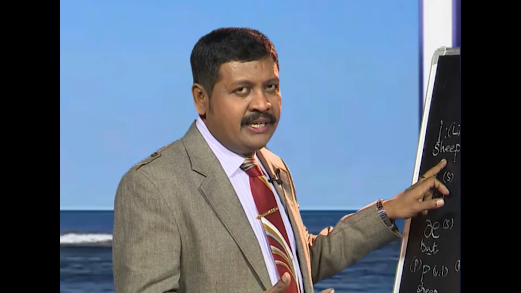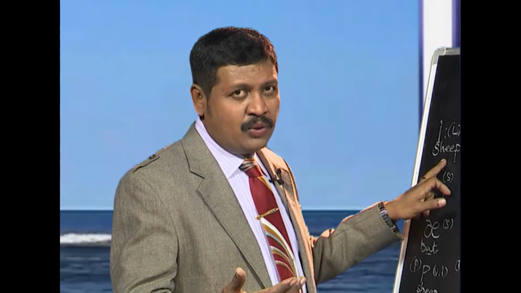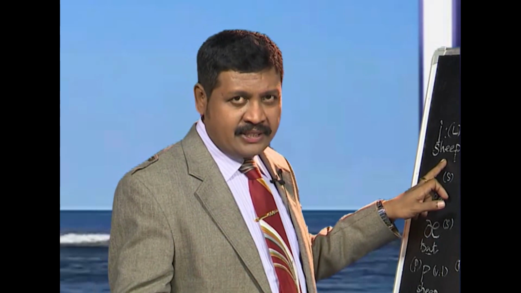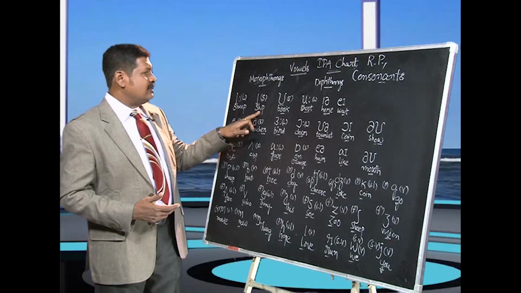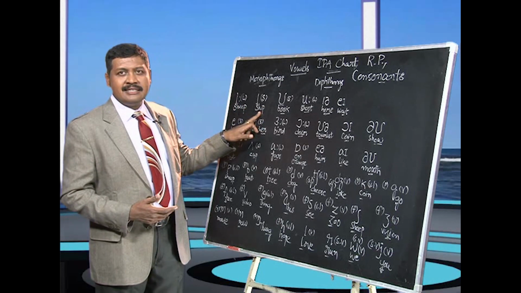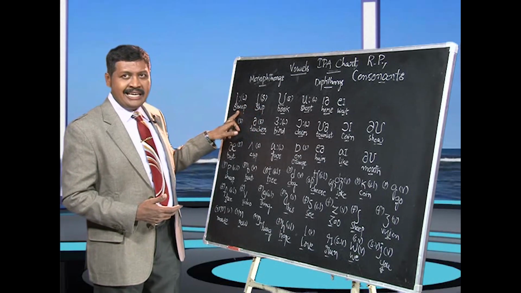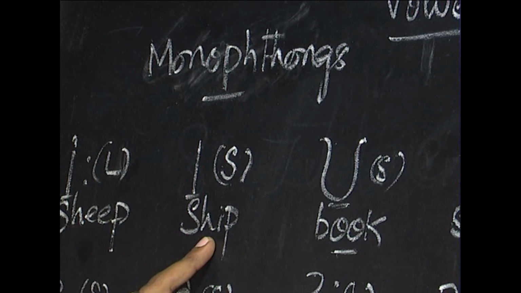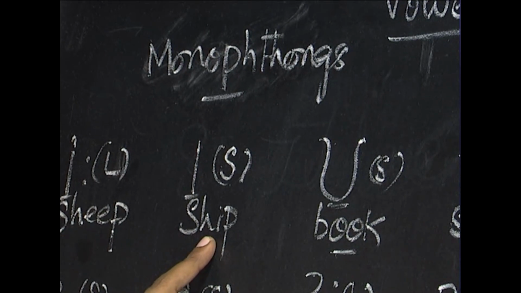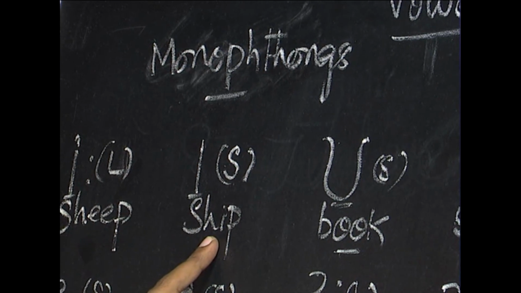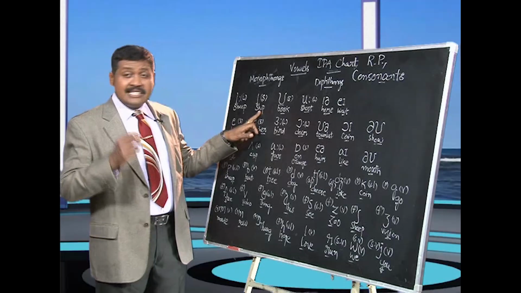I am now taking you to the next sound in the monophthongs category. If this is /i:/, this is /ɪ/. It's a short vowel sound. Ship, lip, dip, sip.